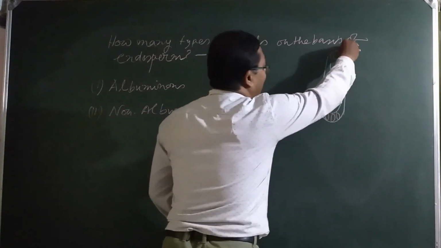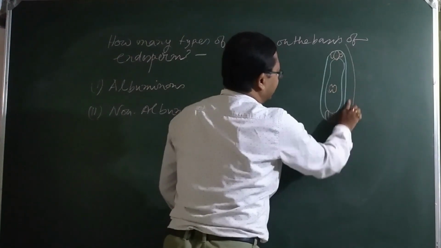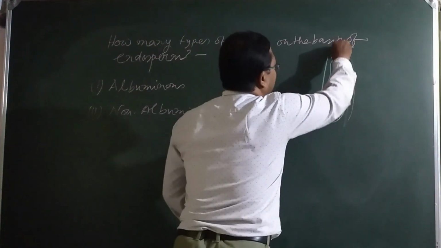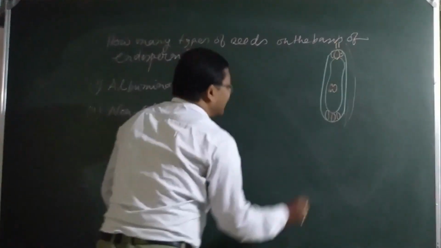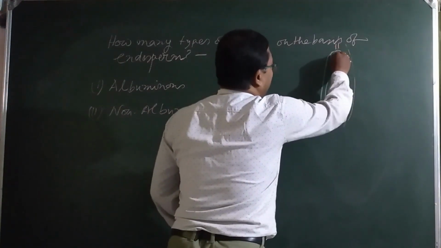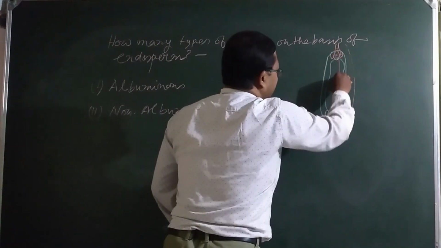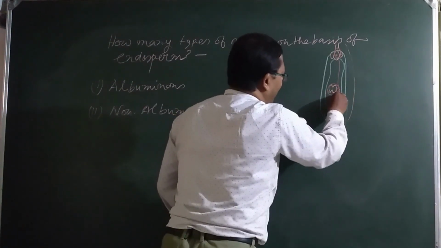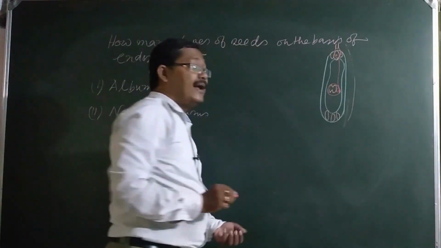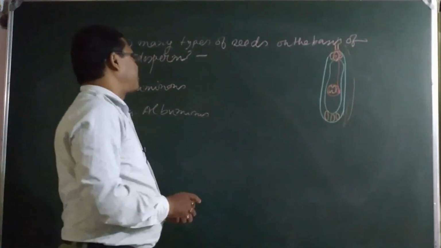Then when the male gametes enter, one male gamete fuses with the egg, forming the zygote, and the other male gamete fuses with the definitive nucleus, forming the endosperm mother cell.